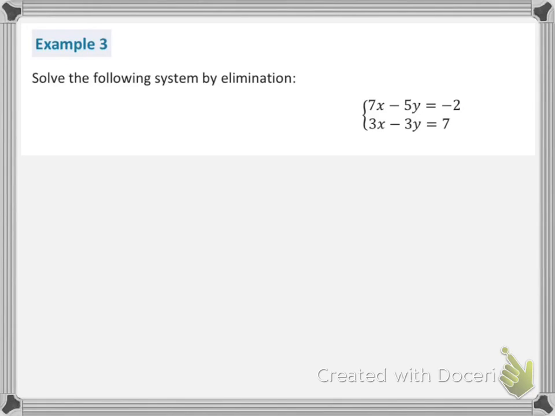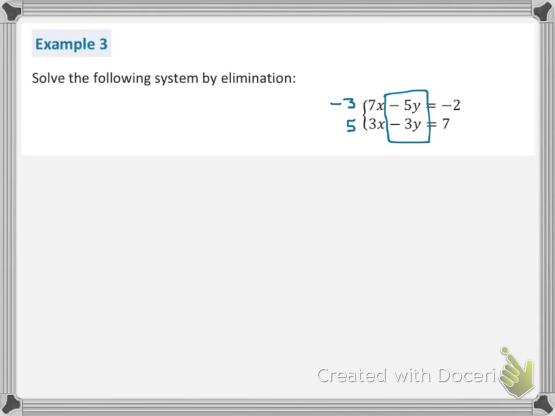I think I'm going to work on the y's, and I'm going to make them both 15. So that means I would have to multiply the top equation by a 3, and I'd have to multiply the bottom equation by a 5. That will make both of my y's 15. But remember, I want one to be negative and one to be positive. So I'm going to choose a negative 3 on top.